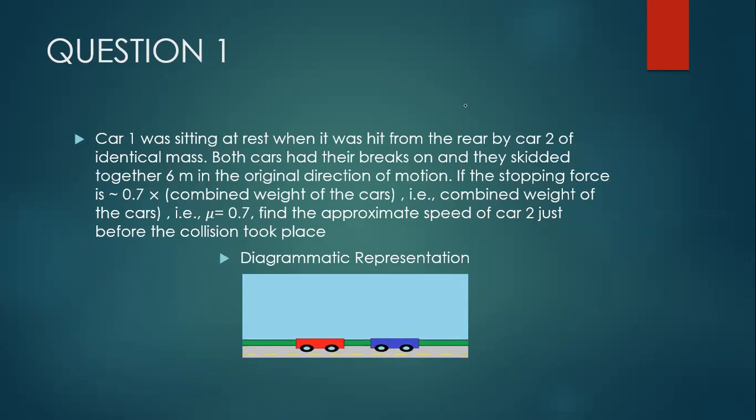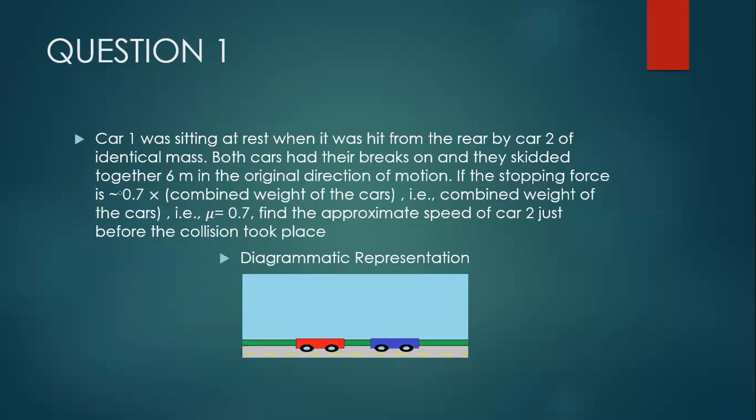If the stopping force is negative 0.7 times the combined weight of the cars, that is mu is equal to 0.7, find the approximate speed of car 2 just before the collision took place.